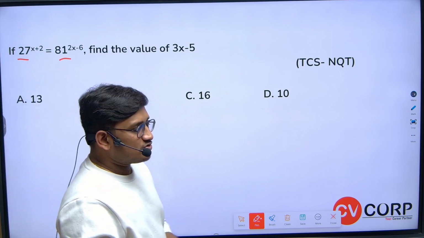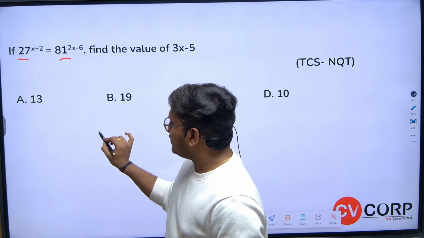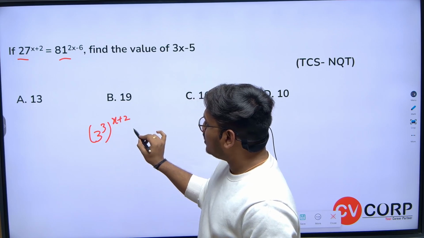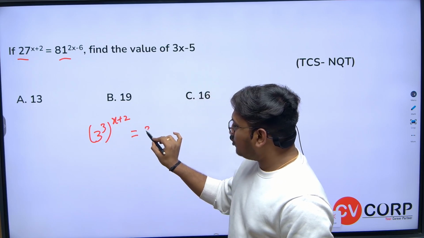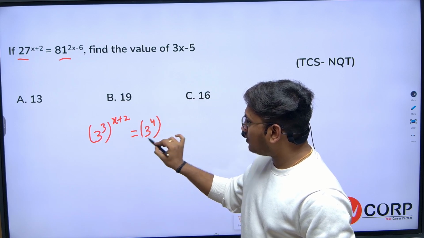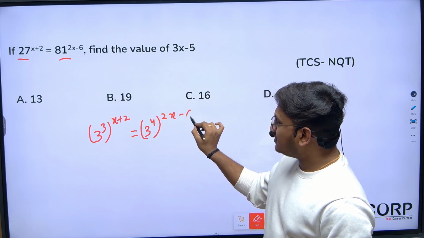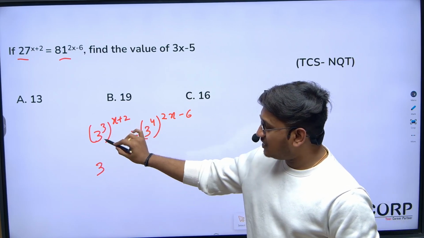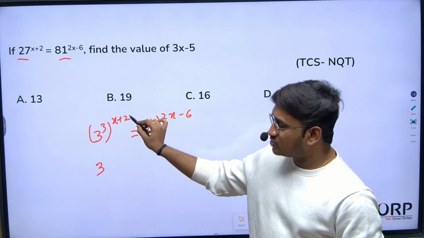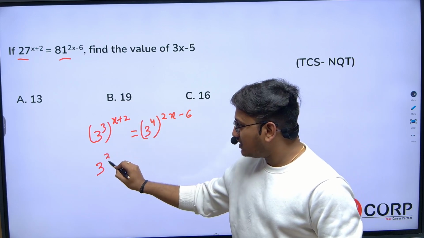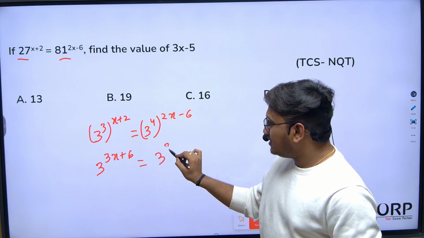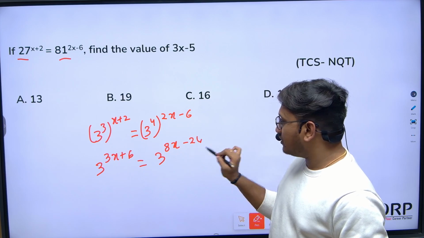Here 27 you can write as 3 cube whole power x plus 2, is equal to 81, which you can write as 3 power 4 whole power 2x minus 6. Now I can multiply those powers. 3 power 3x plus 6 is equal to 3 power 8x minus 24.